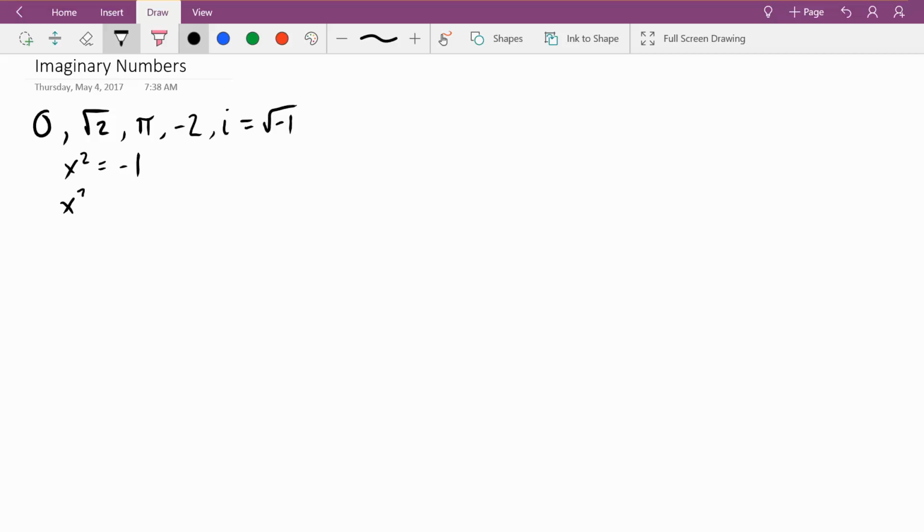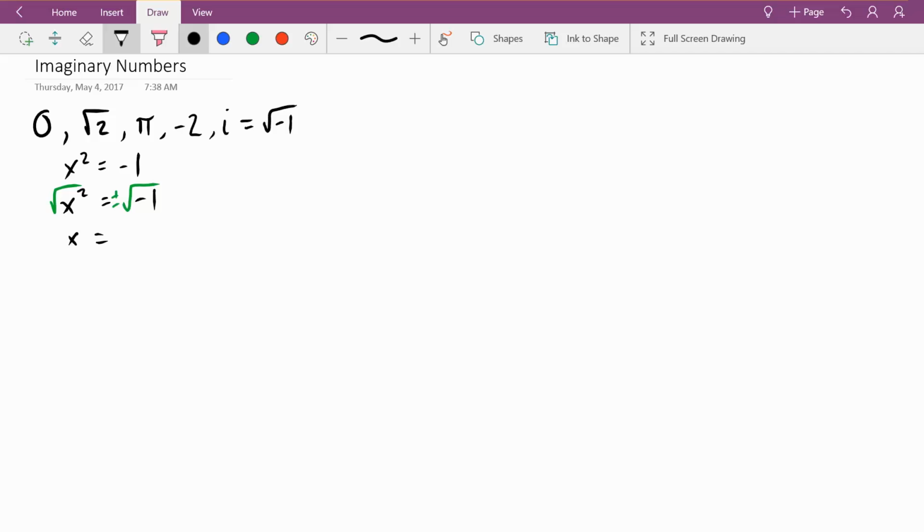Right, so now we can solve this. We know it's imaginary because when we take the square root to get x by itself, remember, anytime you do a square root with a variable, you have to have that plus minus.